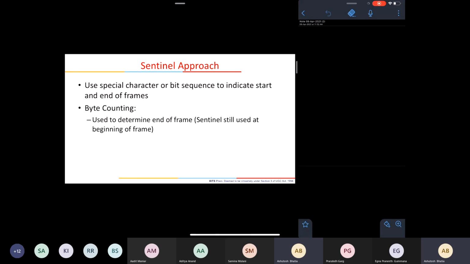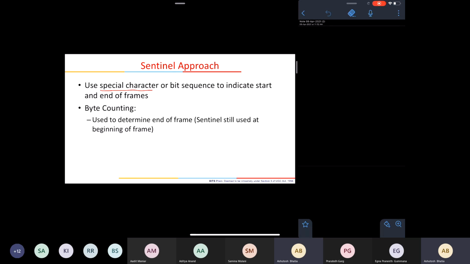If you can't use that, then what is the alternative approach? The idea is that you use a special character or bit sequence. If it is a character oriented protocol, previously the computer used to understand only ASCII, only ABCD and ASCII characters.